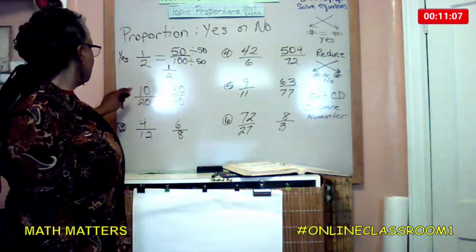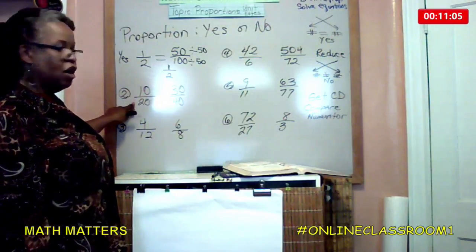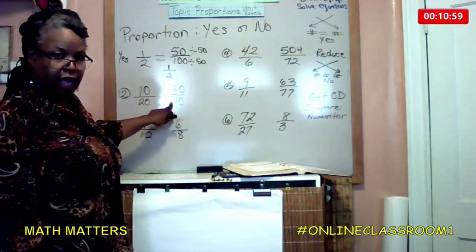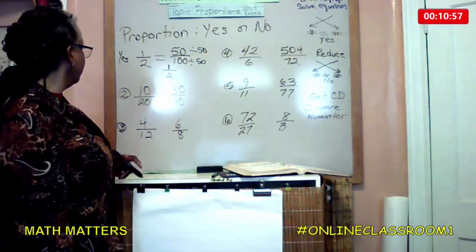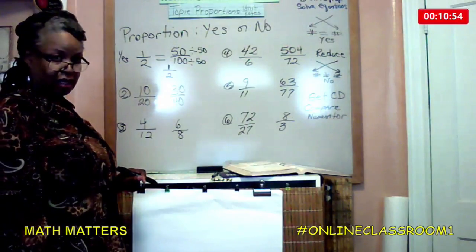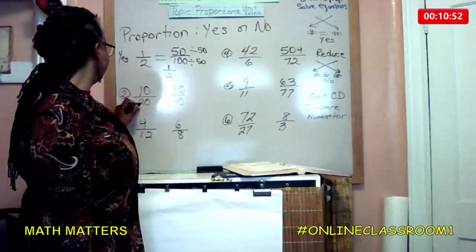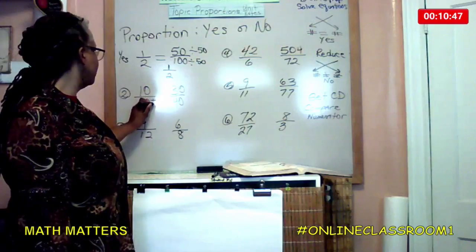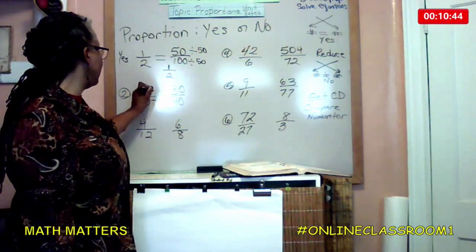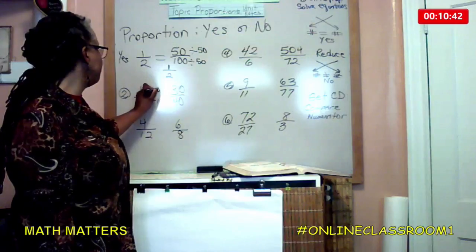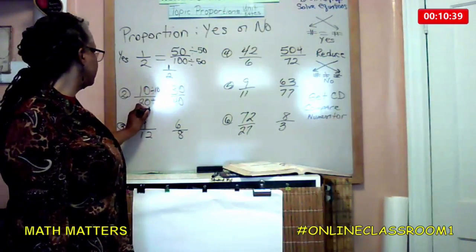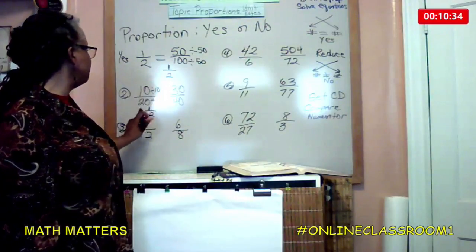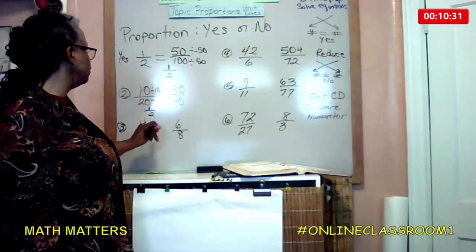Number 2, we are comparing 10 over 20 to 30 over 40. Are they proportional? Well, I can divide out and see. If I divide 10 in my numerator and 10 in my denominator, I will get 1 over 2. 10 divided by 10 is 1. 20 divided by 10 is 2.